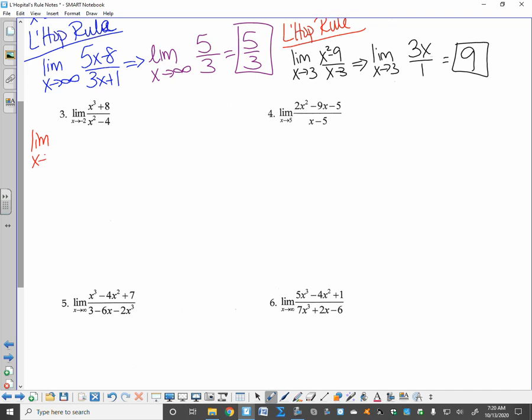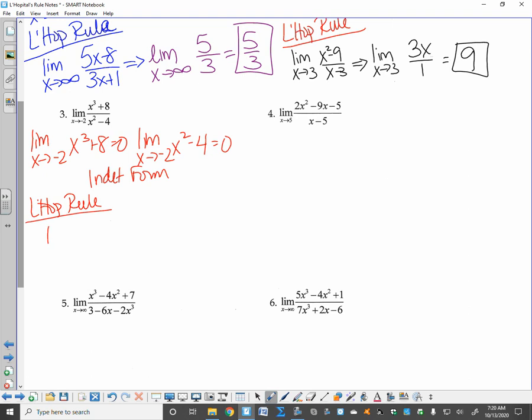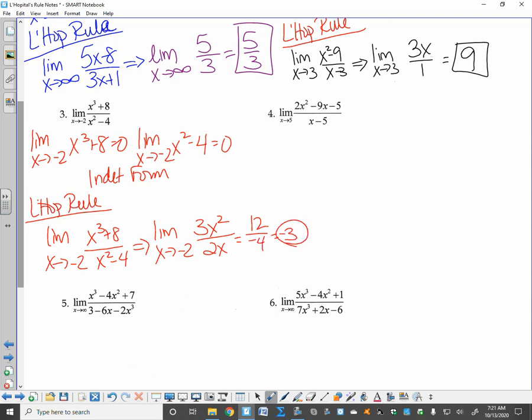So limit of the top and the limit of the bottom, indeterminate form, L'Hopital's rule. For 12, -4, -3. Okay.